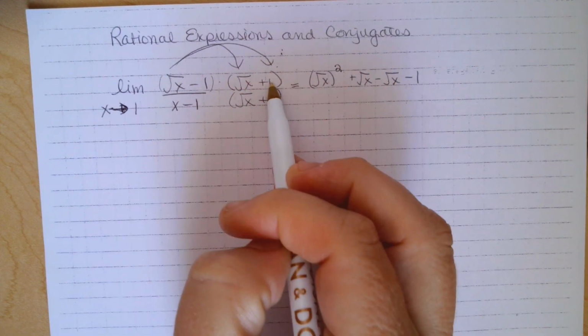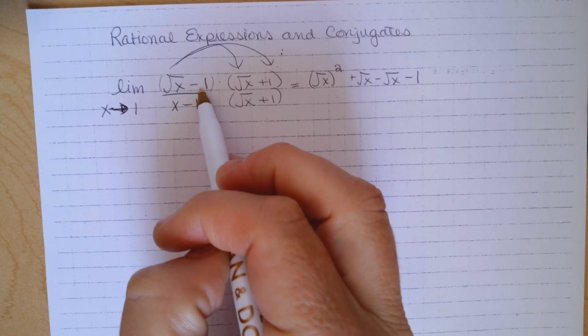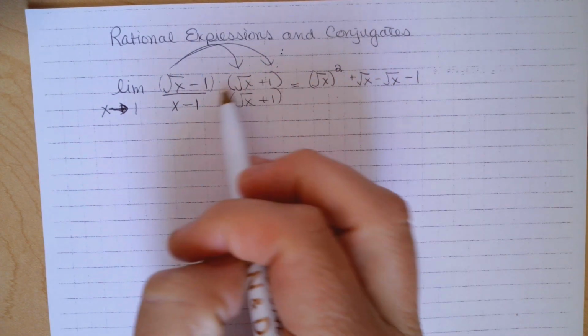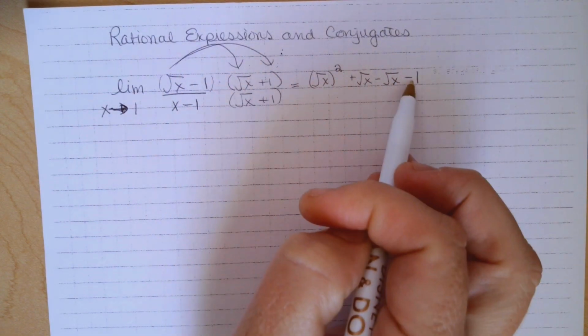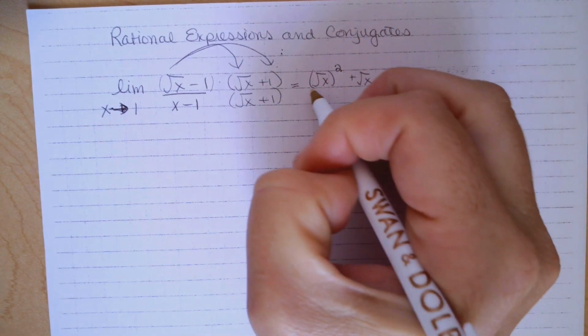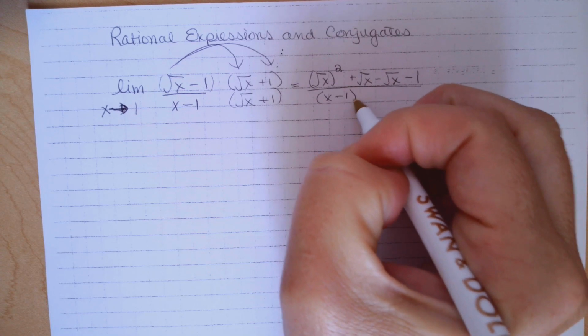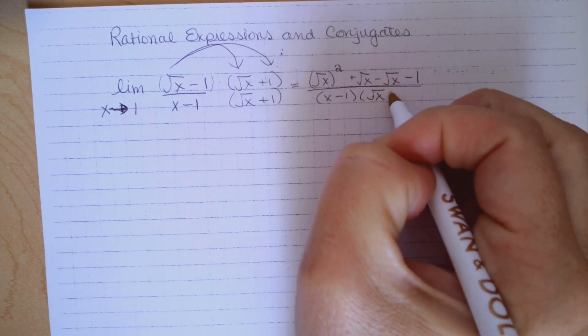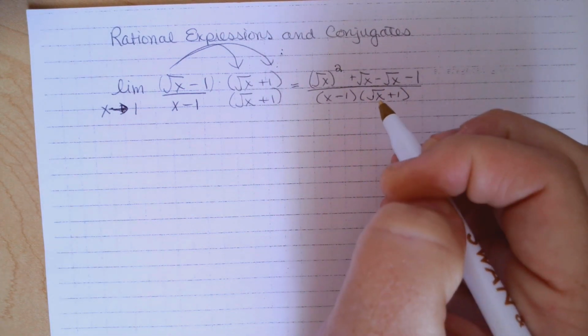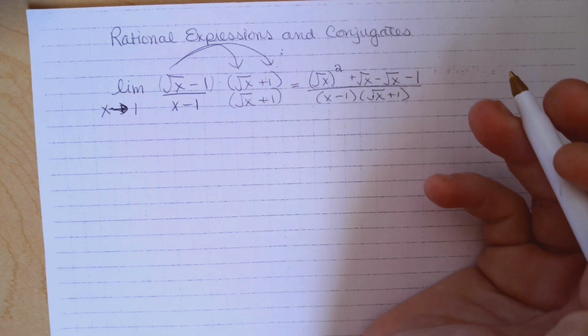Square root of x times 1, negative 1 times square root of x, and negative 1 times positive 1. All right. And I'm going to leave the bottom as is because the whole goal here was to factor out this bottom, so hopefully I'm going to cancel one of these factors.